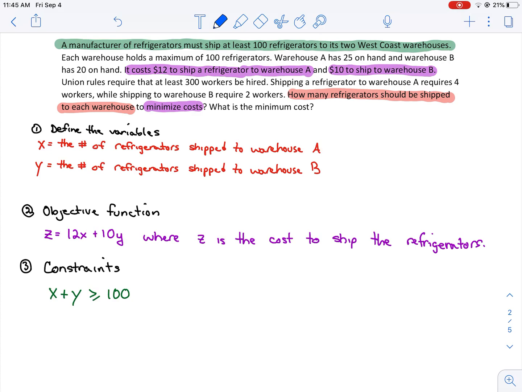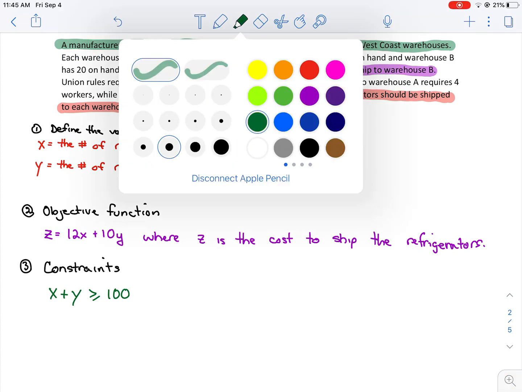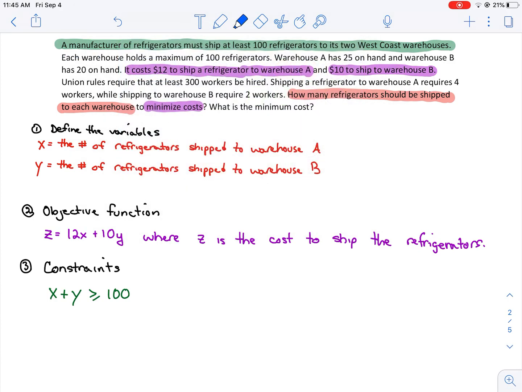Okay, for our next constraint, each warehouse holds a maximum of 100 refrigerators. Warehouse A has 25 on hand.